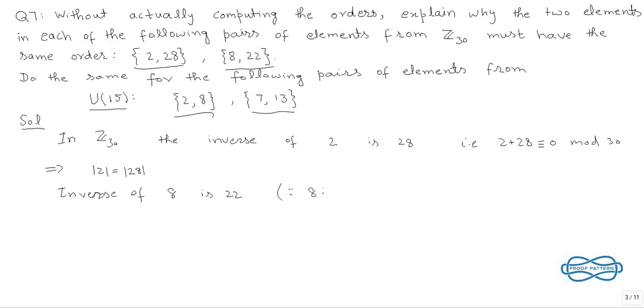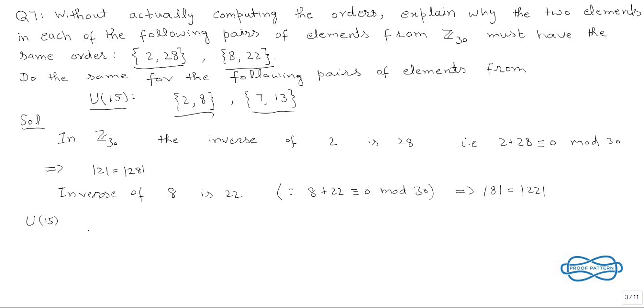Therefore, we know that an element and its inverse have the same order, so the order of 8 is equal to the order of 22. Now we consider the second part in the unitary group U15, which is a group under multiplication modulo 15.